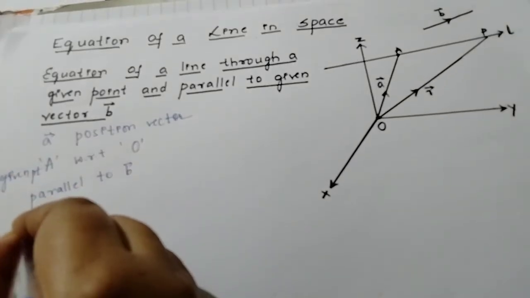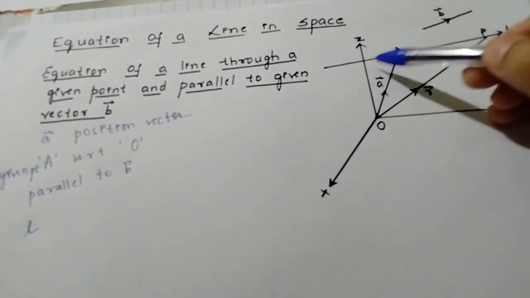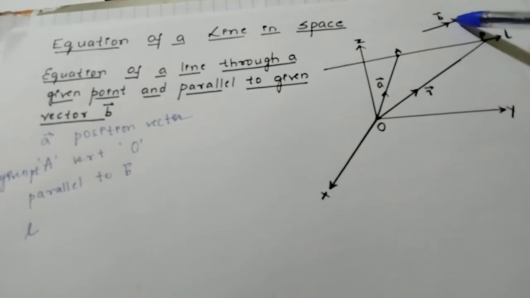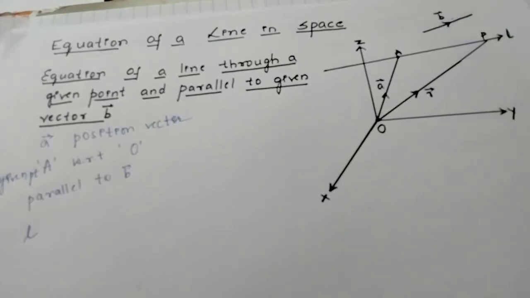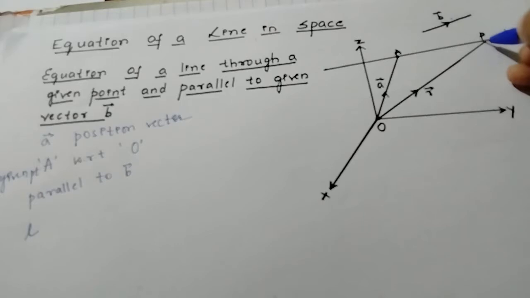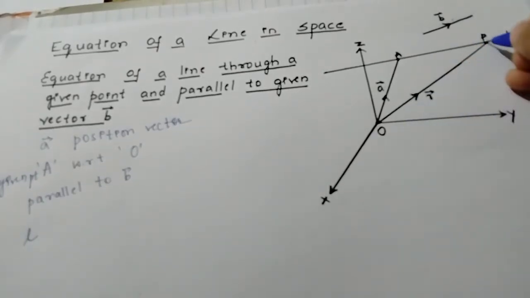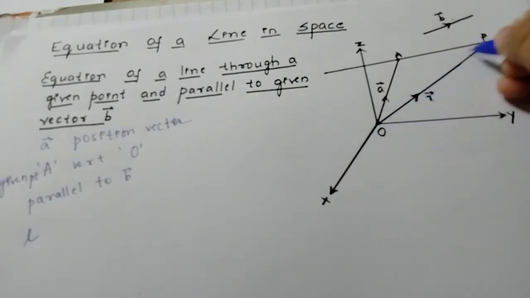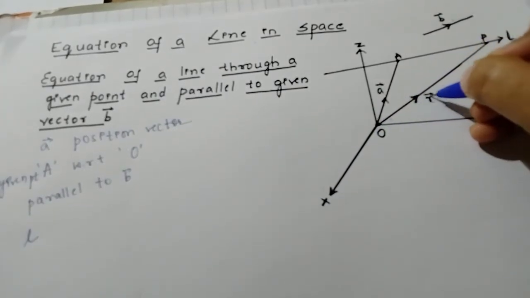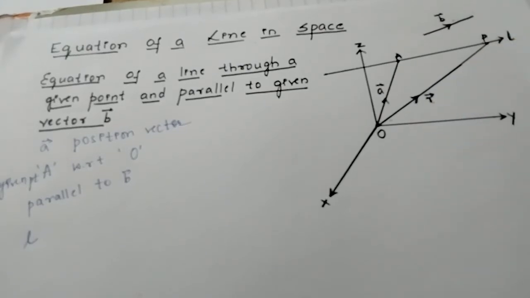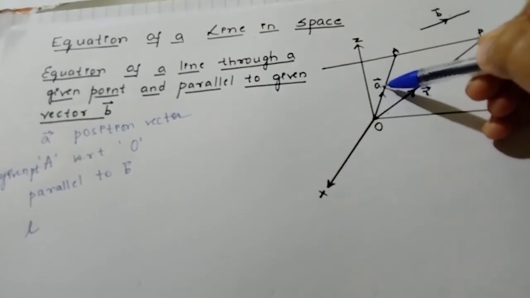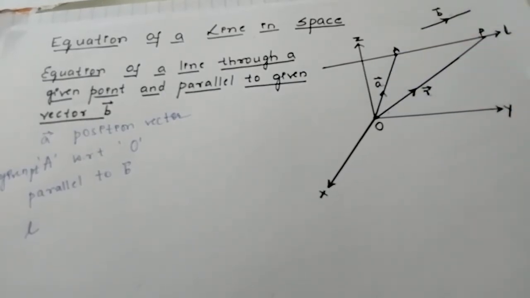We are drawing a line L, and this should be parallel to the given vector b. Next, let r be the position vector of an arbitrary point P. We take some arbitrary point, and its position vector we have taken as r. So OP is one position vector, which we have determined by r. Then OA with respect to the origin we have taken as a. This is the description of the diagram.